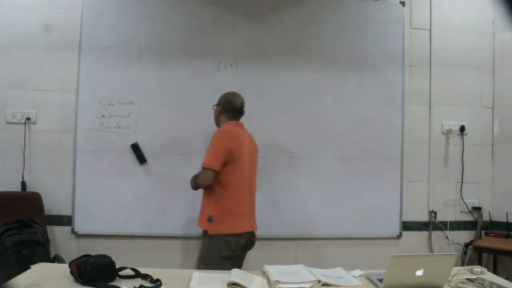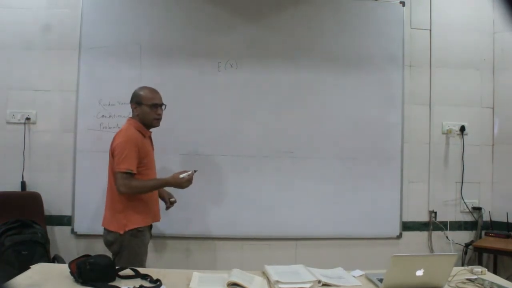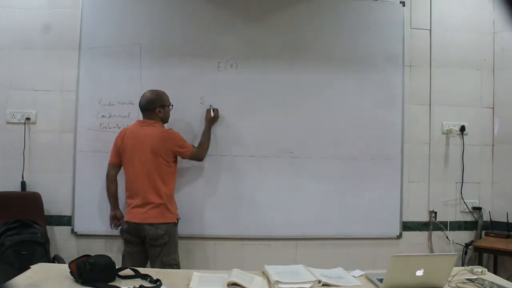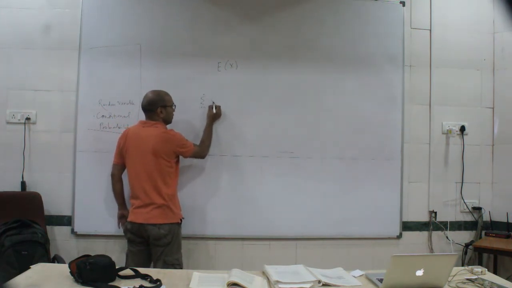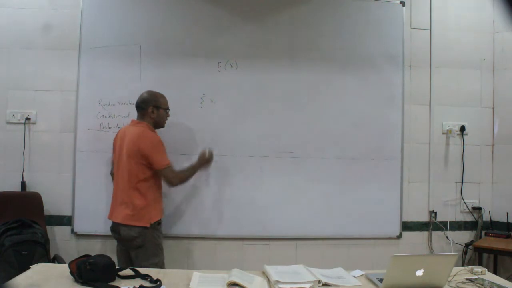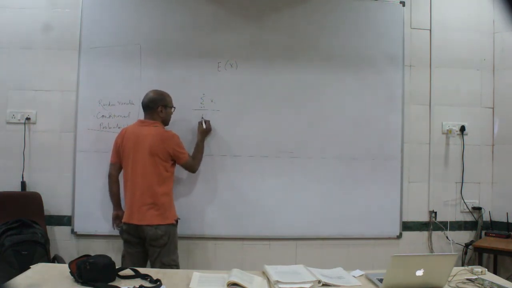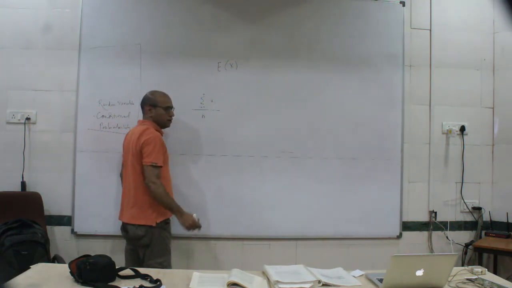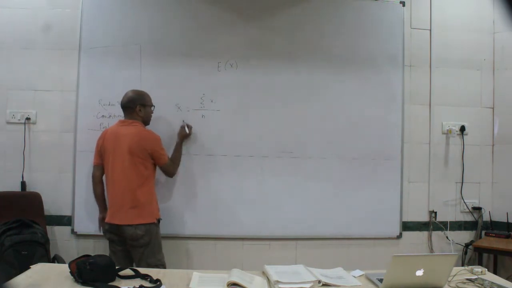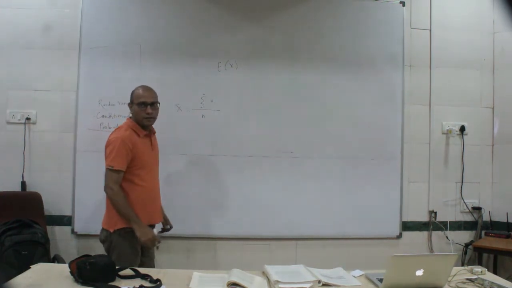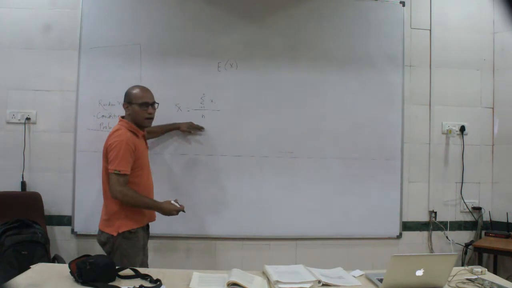We compute average by doing simple stuff: summation i equal to 1 to n, xi divided by n, is our x bar, which is what our average is.